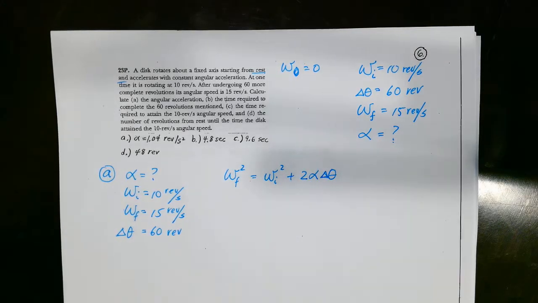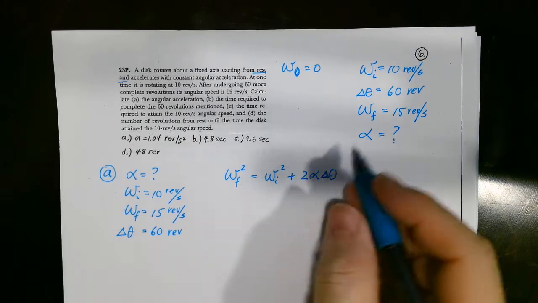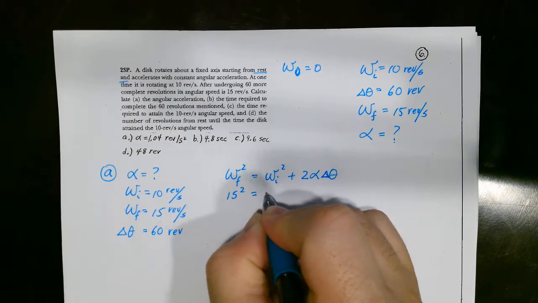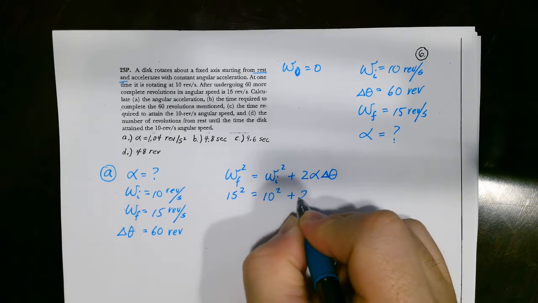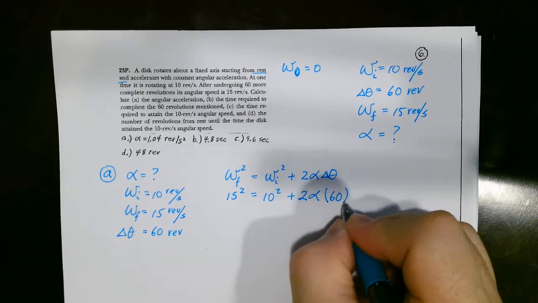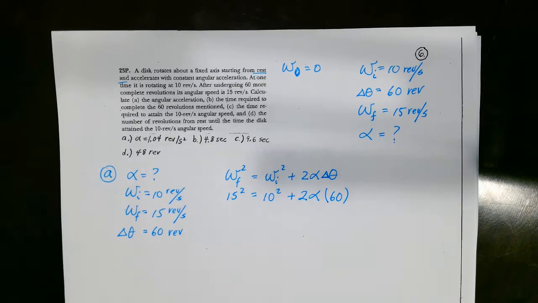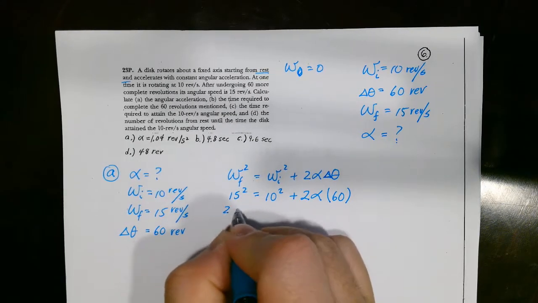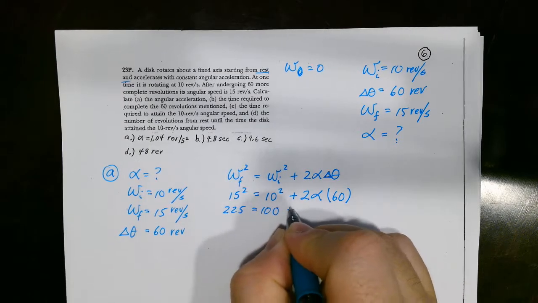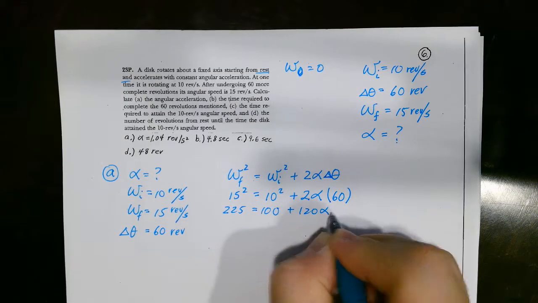All right, so here my final omega happens to be 15. So 15 squared is equal to 10 squared plus 2 times alpha times 60. If you work this thing out, you're going to get 225 is equal to 100 plus 120 alpha.